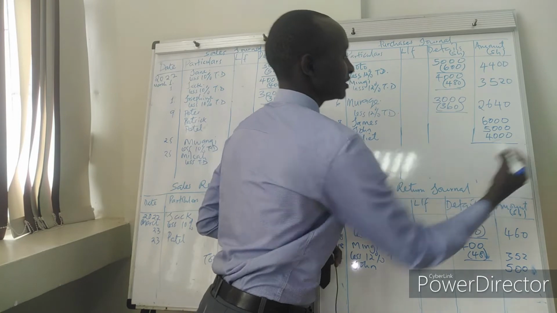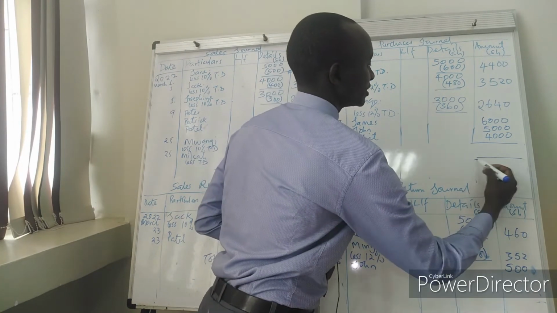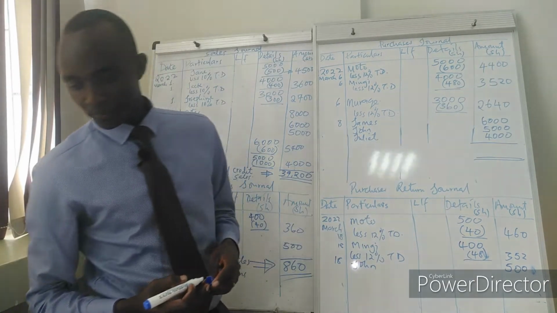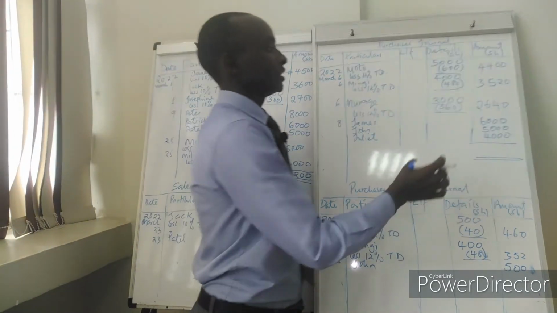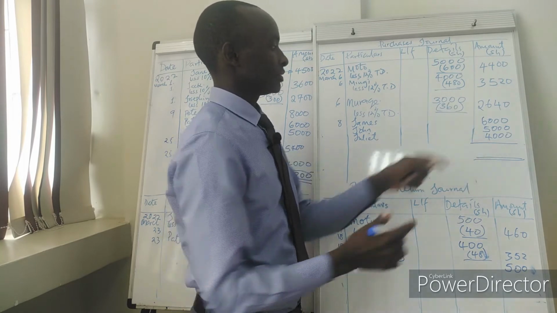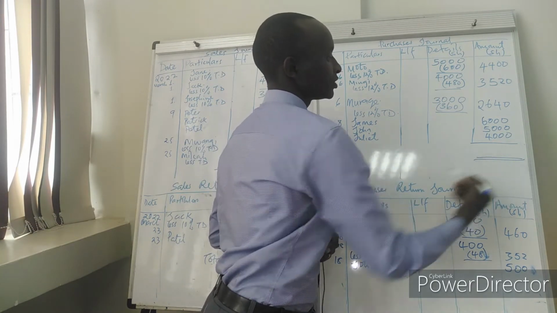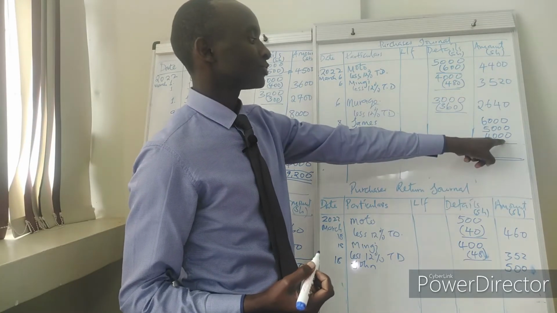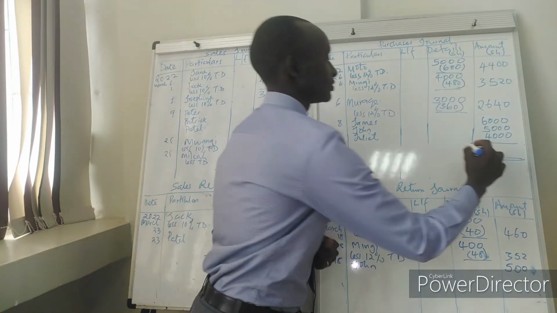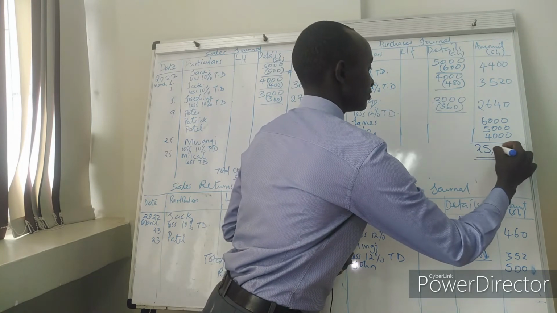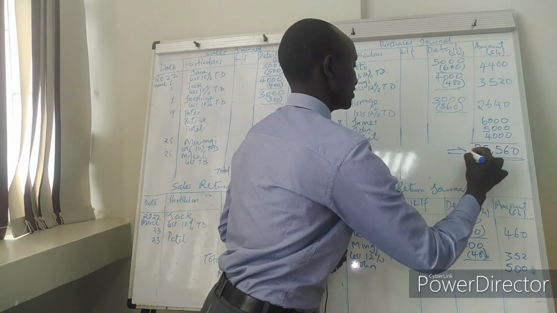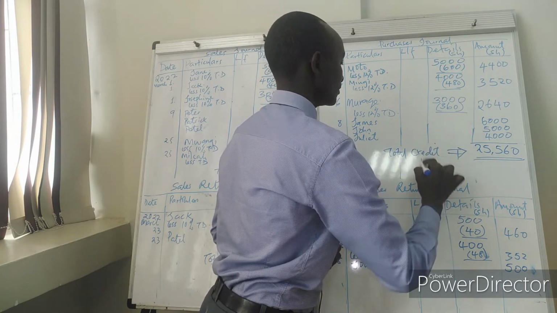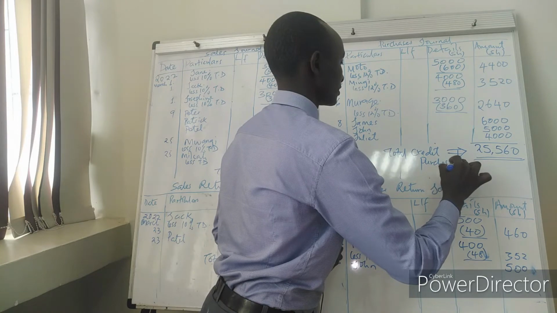You put one line on top and then two lines bottom. So the total of purchase journal, on the bottom, you put one line on top and then two lines at the bottom. So the totals from 4,400 through to 4,000 is equivalent to 25,560. So this figure is known as total credit purchases.